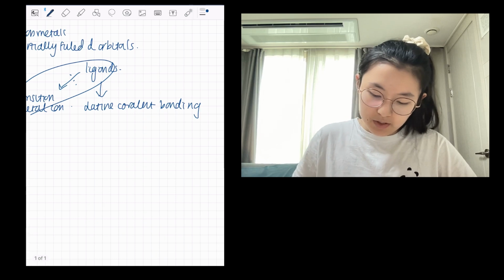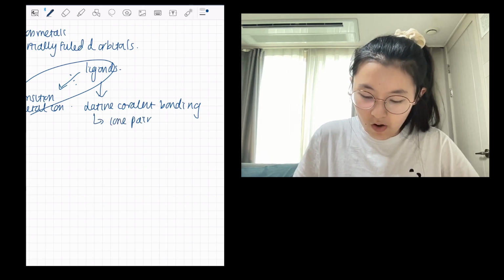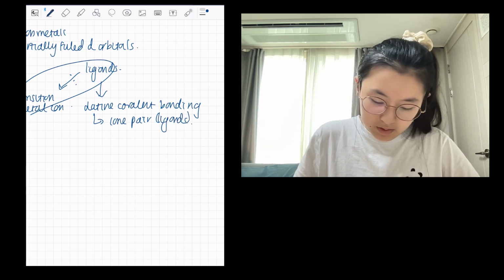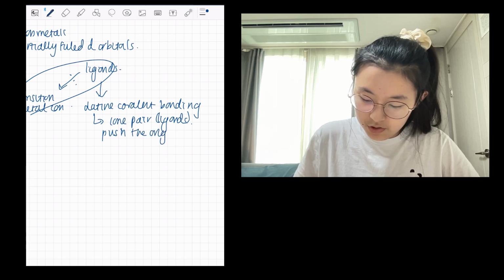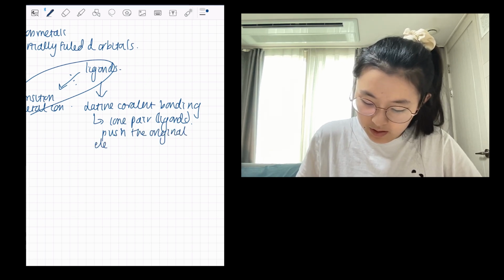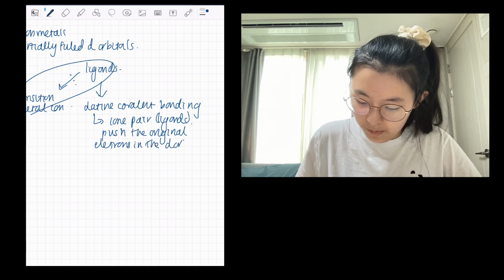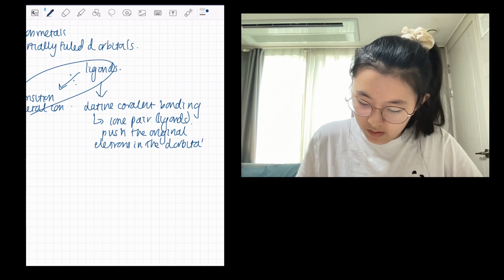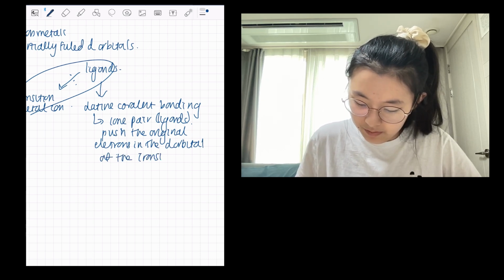So the lone pair offered by the ligands will slightly push the original electrons in the d orbital of the transition metal ion.